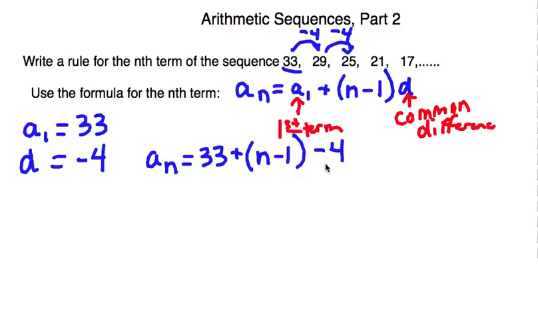What we need to do now is distribute that negative 4. We need to use the distributive property to distribute that negative 4 to this n minus 1.